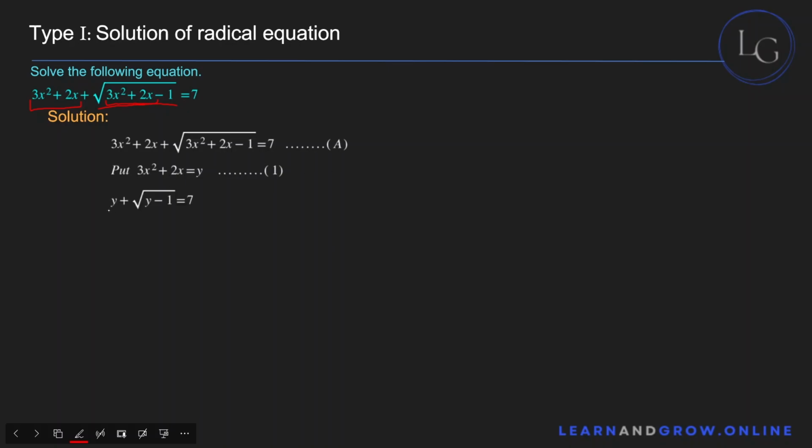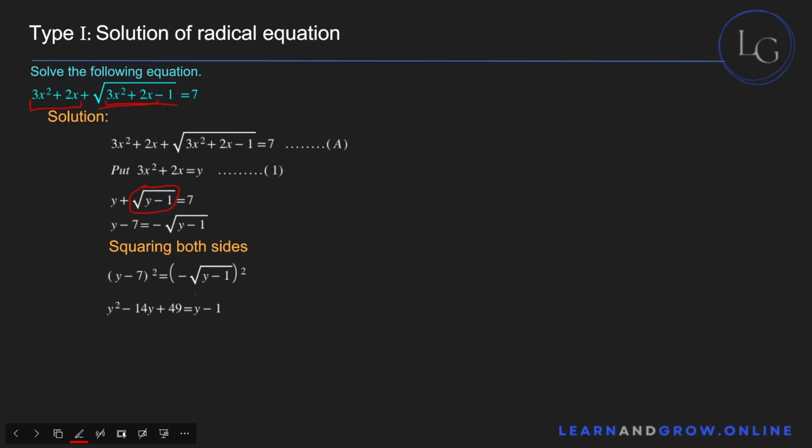And now you'll have this equation here. Now you'll have to take the radical term, which is this term, on one hand, and all of the other terms on the other hand. So now what you'll do is you'll take square on both sides, and that becomes this equation here.